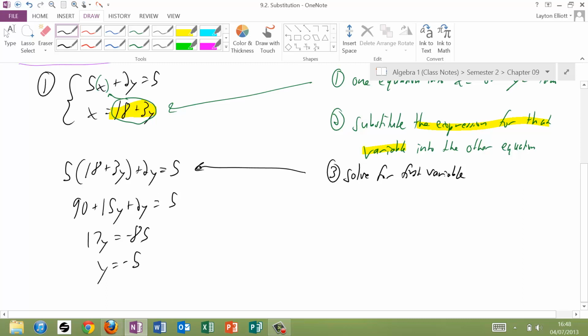Okay, we have what y is. Then, finally, to find the other variable, substitute the first variable into either original equation.